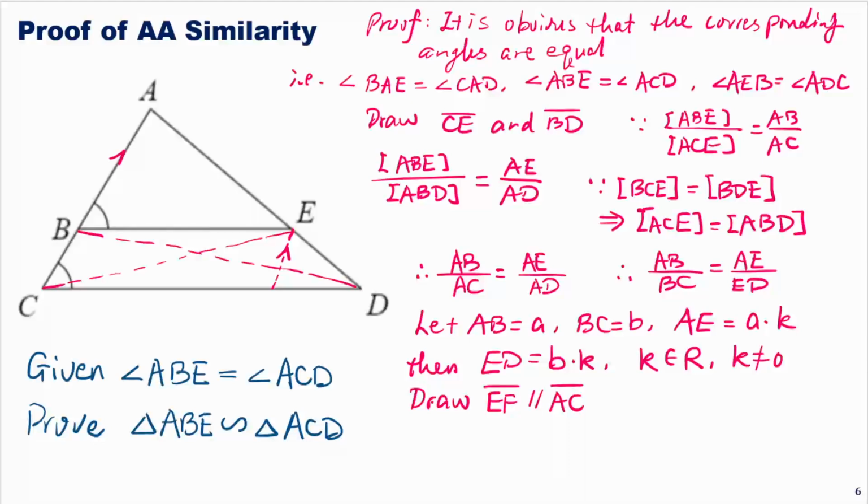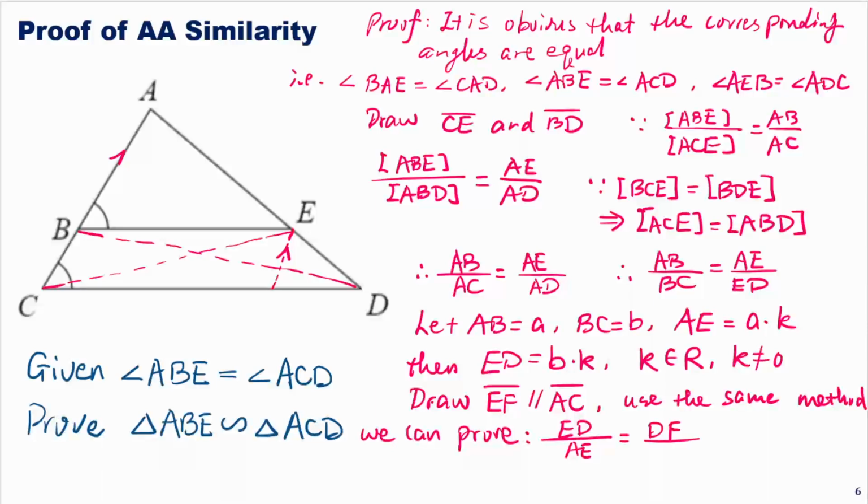Use the same method, we can prove actually ED over AE should equal DF over CF, which is also the ratio between b and a, right?